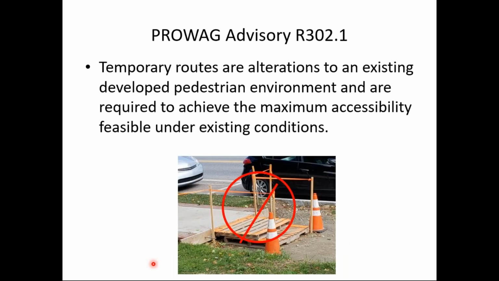What does PROWAG say about this? Well, notice advisory R302.1, as I just said, indicates temporary routes are alterations to an existing developed pedestrian facility, and so we need to achieve maximum accessibility feasible under existing conditions. And that's sort of the bottom line.